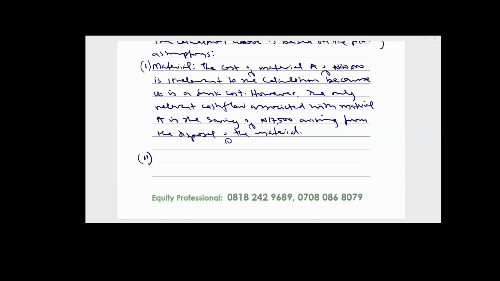Okay, opportunity cost. Then the second one is that they need to hire labor. So both costs are relevant to this project. The 60,000 and the 70,000 naira are relevant. The first one is just like opportunity cost, and opportunity cost is a relevant cost.